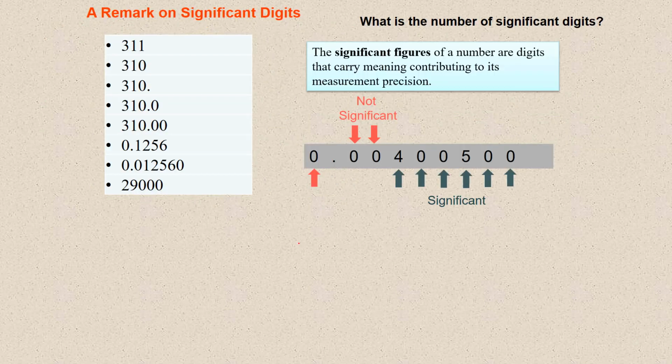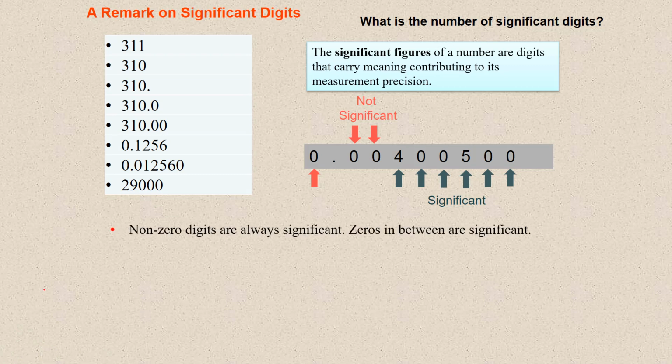So let's look at the importance of significant digits. The significant figures of a number are digits that carry meaning, contributing to its measurement precision. And there are some rules that you'll have to follow. Non-zero digits are always significant. That means any of the digits that are not zero, and zeros in between any of the non-zero digits are always going to be significant. The next rule to remember is that leading zeros are non-significant.